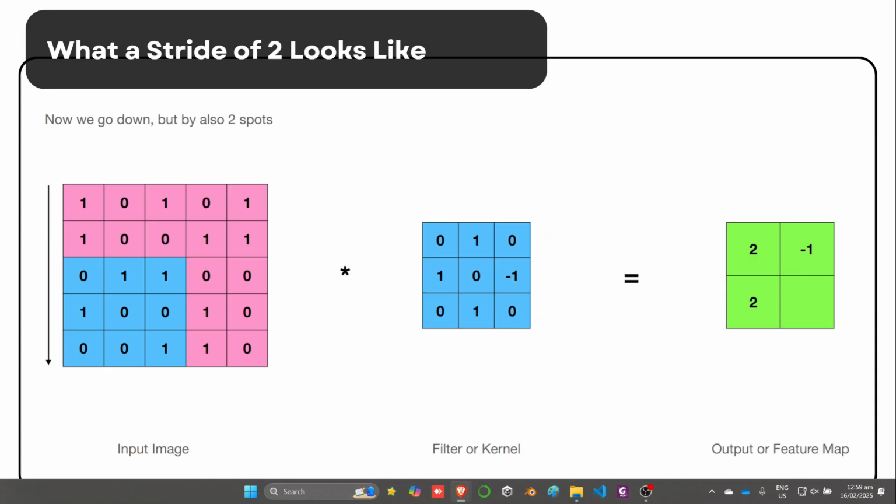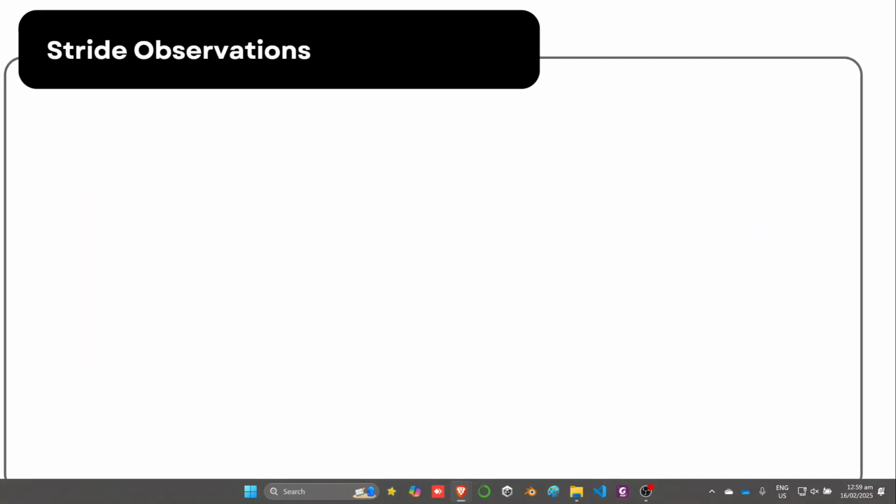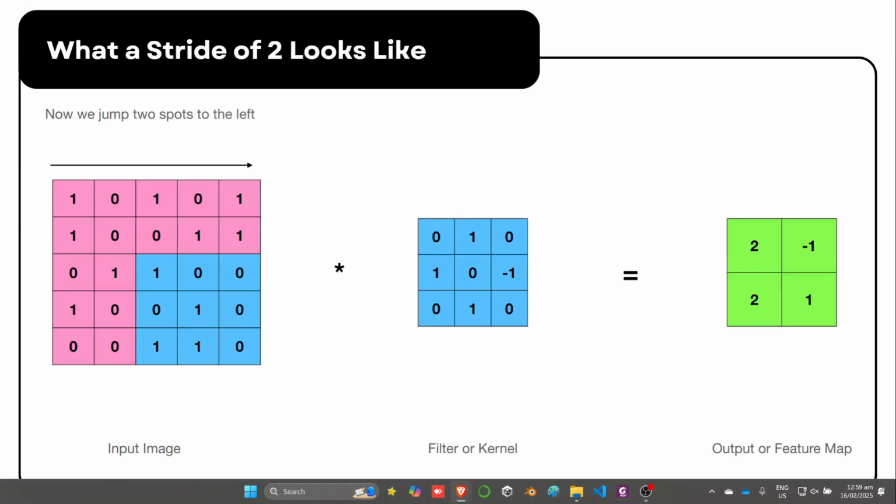So by making larger strides, we're actually reducing the size of the output feature map.